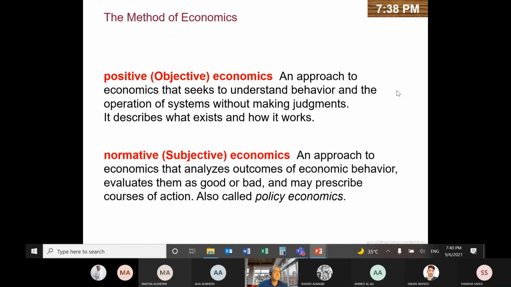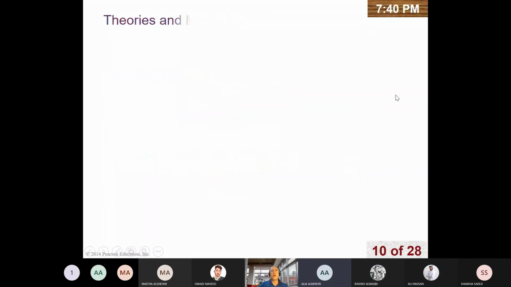So again, we can divide economics into two methods. We say positive or objective economics, الاقتصاد الموضوعي, and normative or subjective economics, الاقتصاد المعياري.